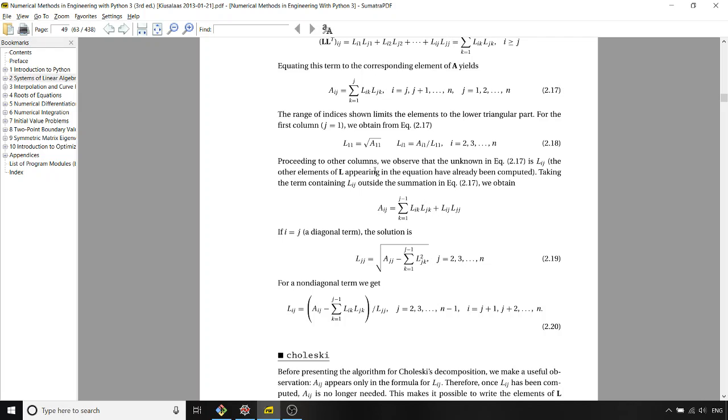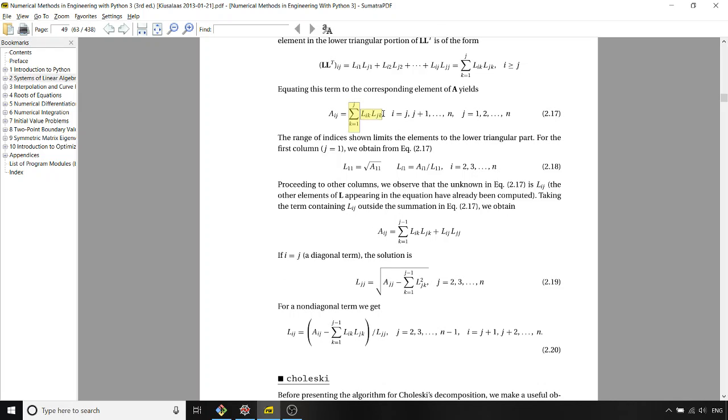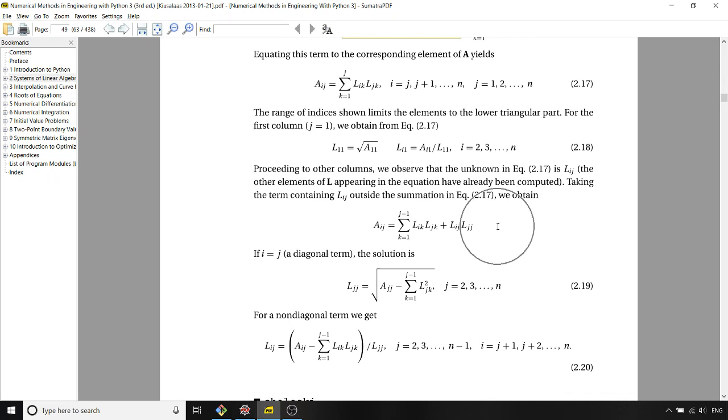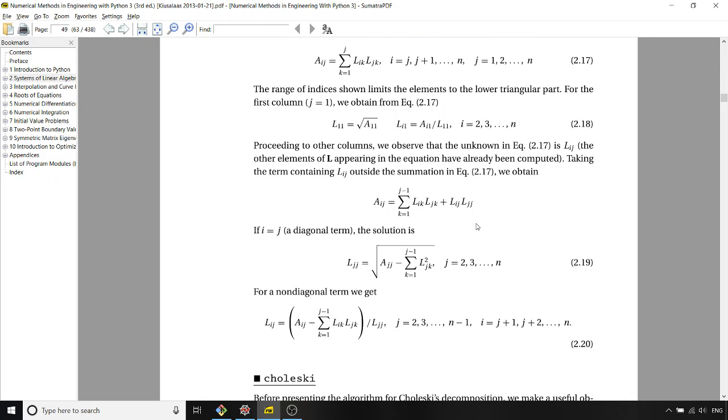And from here you will have this decomposition, and from here you can take out this diagonal element. If you have Aij, you can get Lij itself, and then Lij will be multiplied by Ljj.